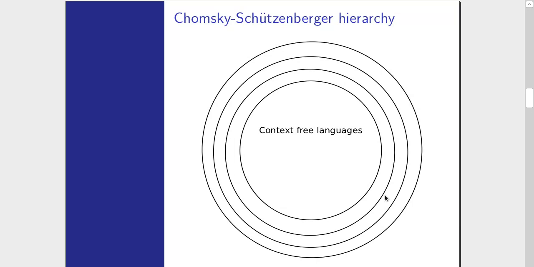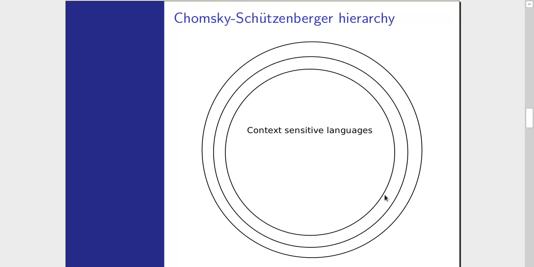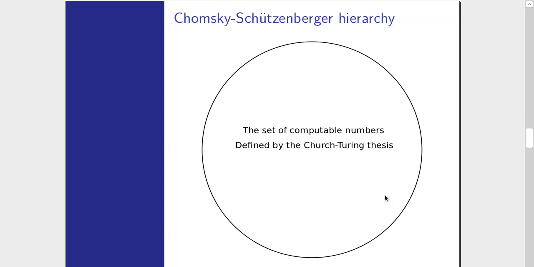Now, we're not going to do grammar checking, but that's the kind of problem you'd be dealing with. Context-sensitive languages are more powerful again, and they would be able to do something like grammar check a page of English text. But again, we'll have some better examples in the lectures.